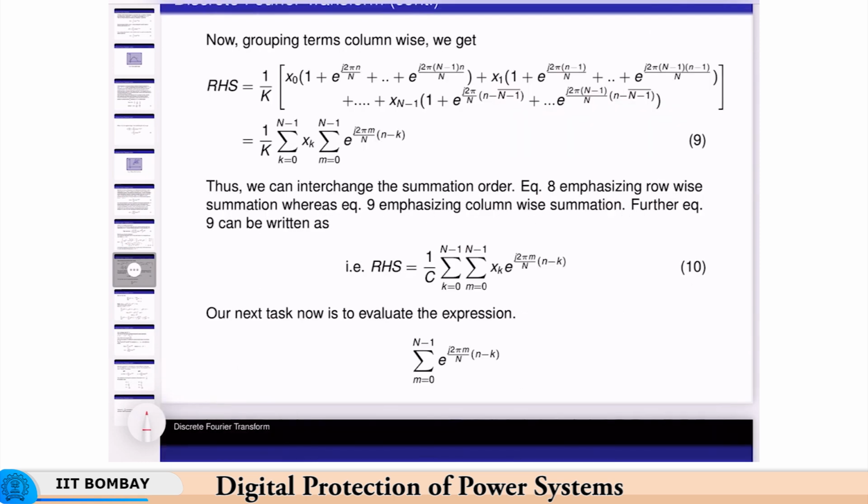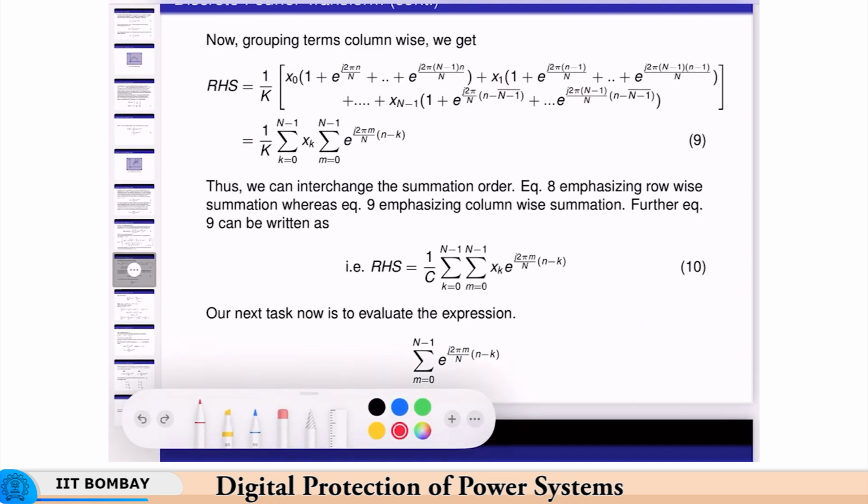So, now first we will see what happens when n is equal to k. When n is equal to k, what happens here? This becomes e raised to j 2 pi n minus k, sorry, n is equal to k.